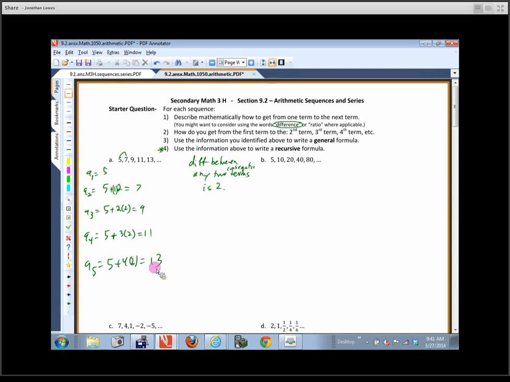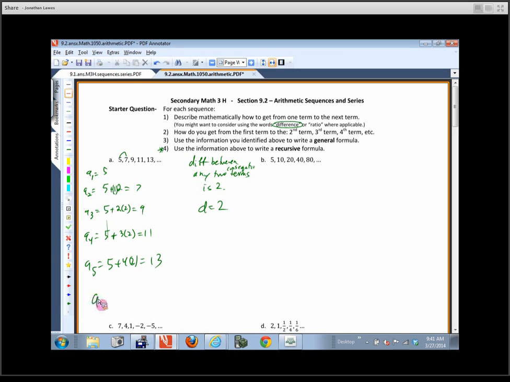So what if I said the difference is 2? If I say the difference is 2 right here, there's that 2 that appears in every one of these. What's the 5? It's the first term, isn't it?